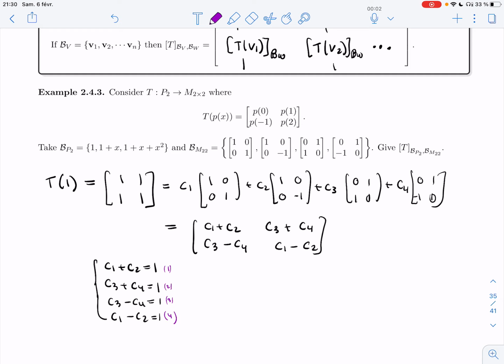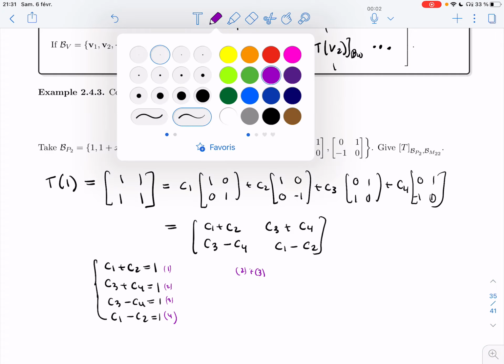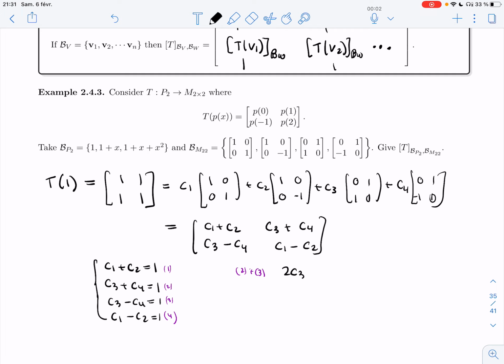And so let's take the second and third equations. If I add them, I get that 2C3 is 2, and so C3 is 1, which means that C4 is 0. And then same thing for the first and fourth. If I add them, I get that 2C1 is 2, so C1 is 1, and C2 is 0.